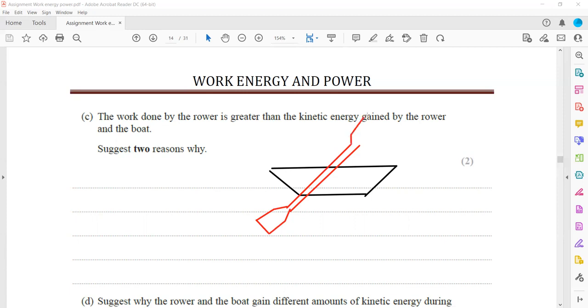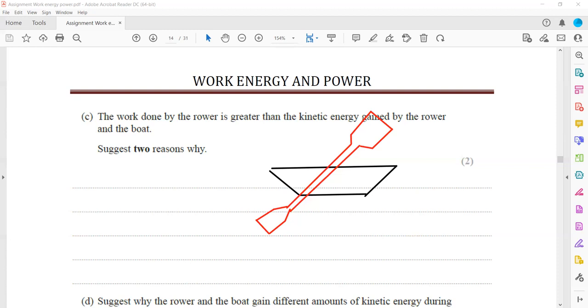So what is the reason for that? For every stroke, he's producing more energy, but as a result, a smaller amount of kinetic energy. So there is always a drag, or a friction, or a resistance from the water.